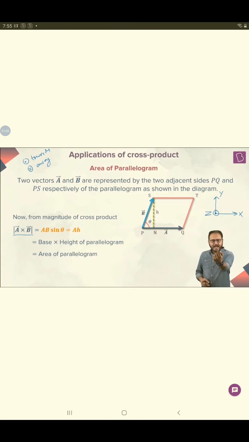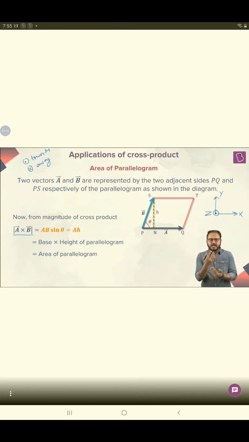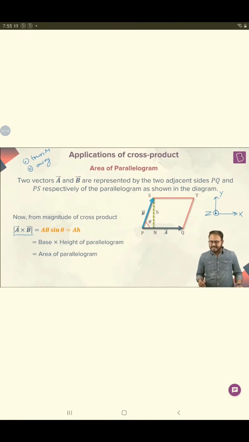What happens when an arrow comes towards you? Well, you get scared. Apart from that, it looks like a dot. So anything which is coming towards you is a dot. Anything which is going away from you is a cross. That's why the z-axis is a dot, because x cross y, I cross j is a k which is coming towards you. Understood? This is the sign convention they follow. Perfect. Good.